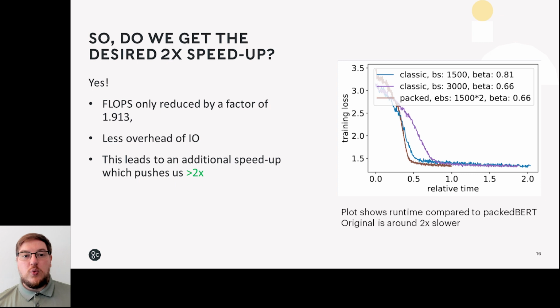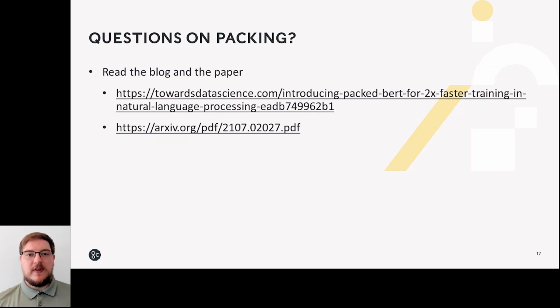However, we have less overhead of I/O. Putting everything together, this leads to an additional speedup which pushes us beyond the 2x. This can be seen on the right graphic. If you have any further questions on packing, please read the blog and the paper, as shown in the links.